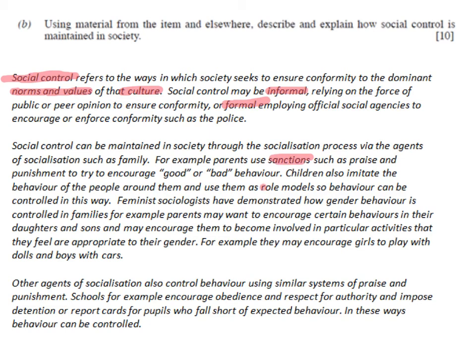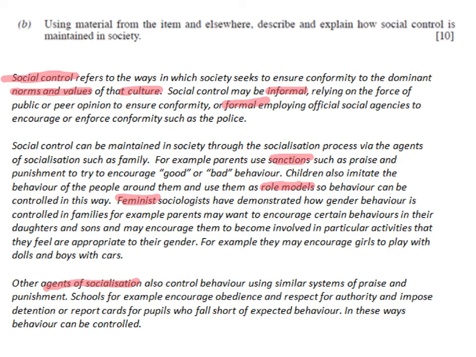We've got this idea of role models. We've got reference to feminism. We've got reference to agents of socialization. And all the time, these concepts are related to the issue of social control, and there are good examples that demonstrate understanding of these key words.